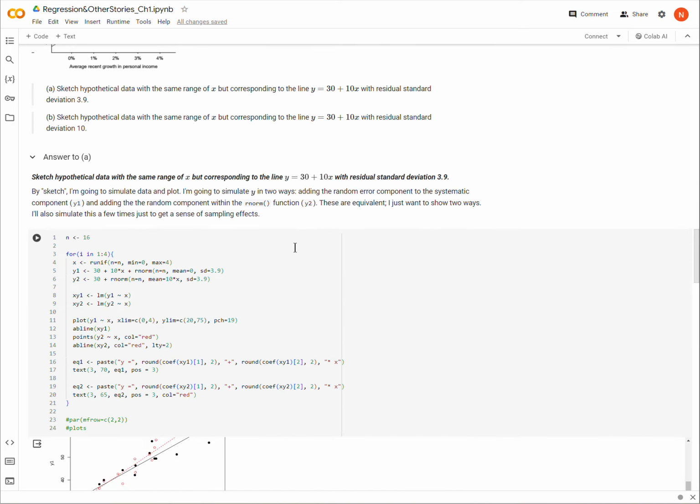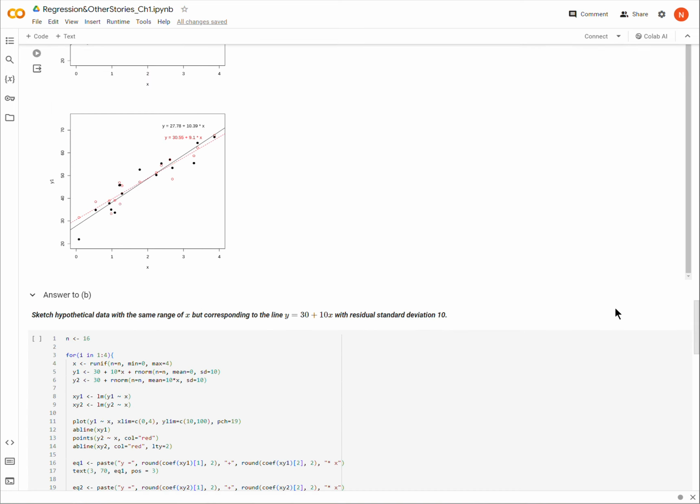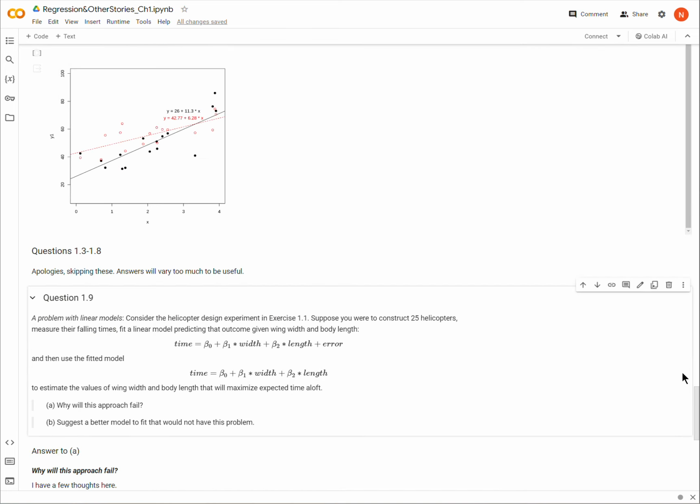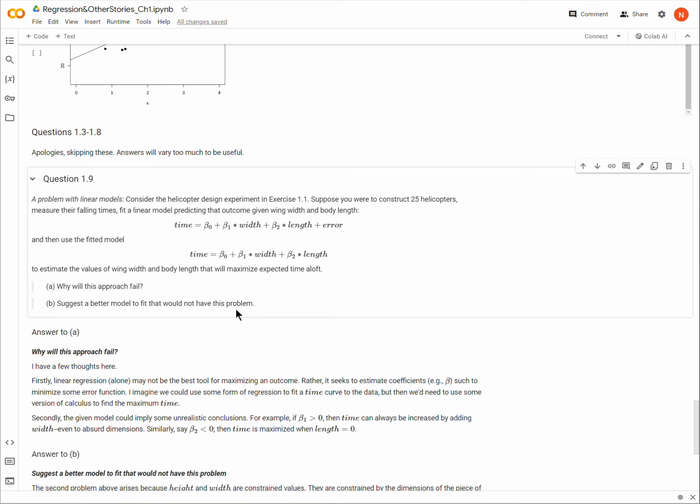Okay, and so in this question, we are supposed to put ourselves back in that frame of mind. And so we construct 25 helicopters and measure their falling times. Then we fit a linear regression, or we're supposed to assume that we're doing this. And then we want to use the fitted model, which is just this model minus the error, right?